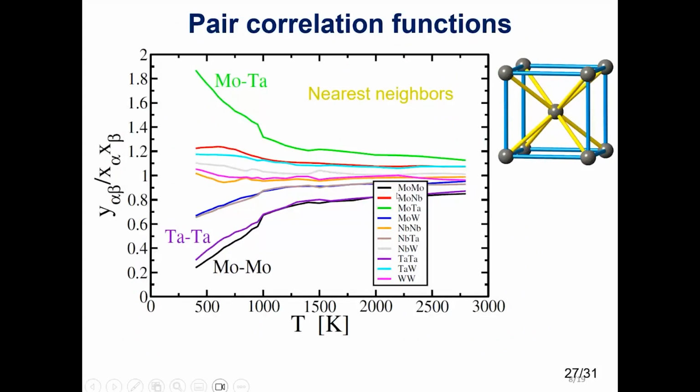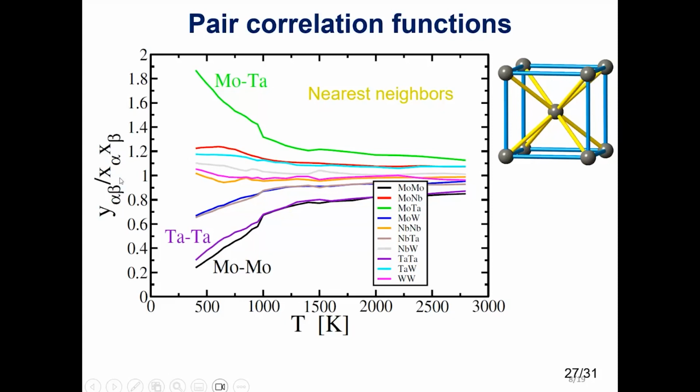And it's a refractory alloy, so we can go up to very high temperatures. And what I'm showing you here is the prevalence of near neighbor bonds. So Y alpha beta is the frequency of bonds between chemical species alpha and chemical species beta.